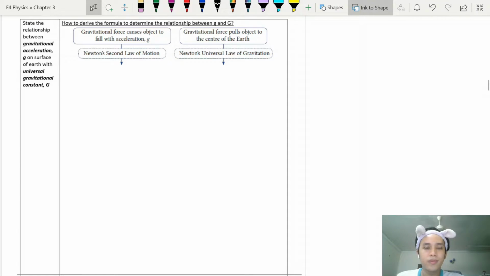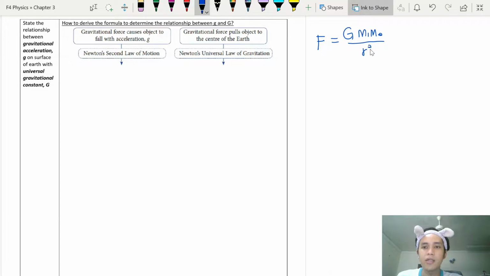Previously you already learned about the gravitational force, meaning the formula F equals the gravitational constant multiplied by the mass of the first object and the mass of the second object, divided by r squared, whereby r is the distance between the two centers of the bodies.